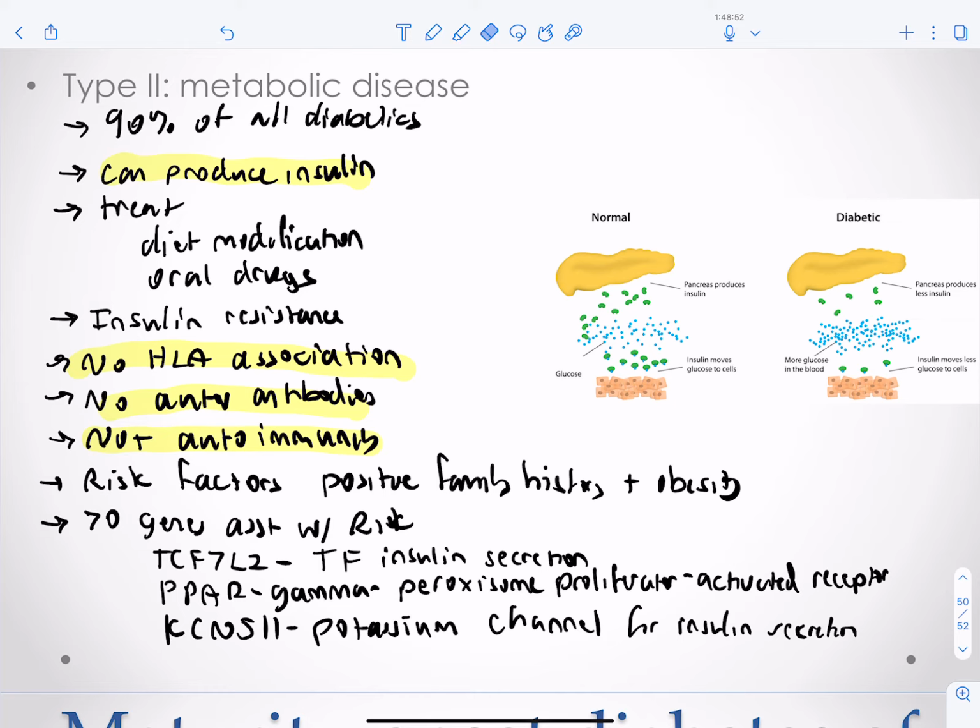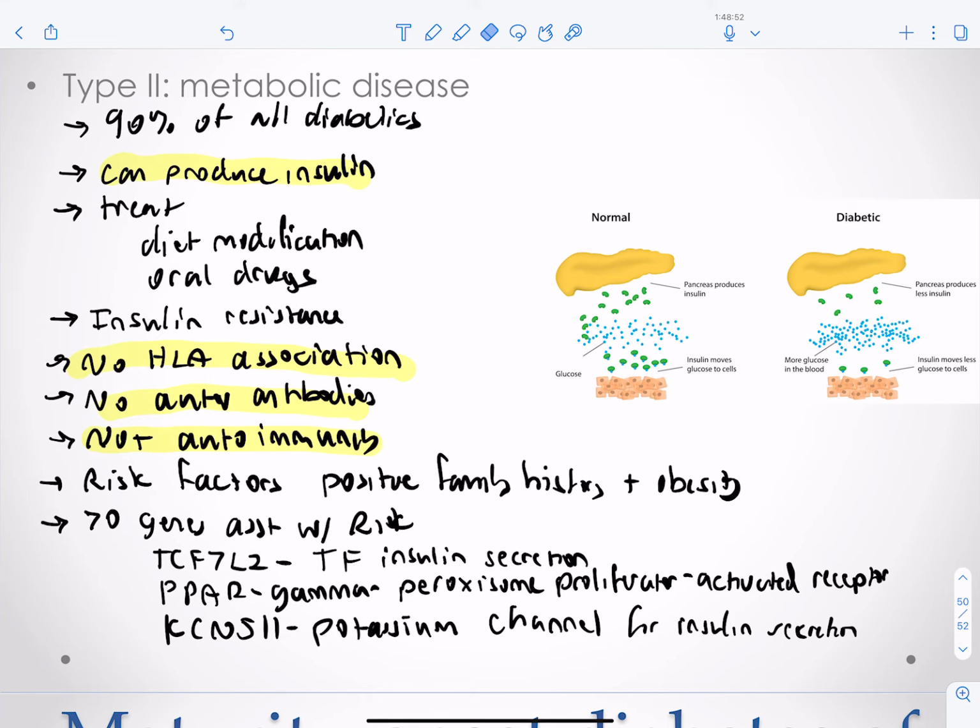The risk factors are going to increase with a positive family history of type 2 diabetes, as well as environmental risk factors such as obesity. There are about 70 genes that have been linked to an increase in risk factor. So you have your ability to secrete insulin.